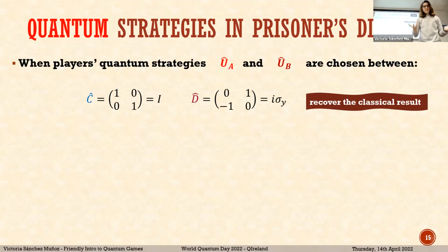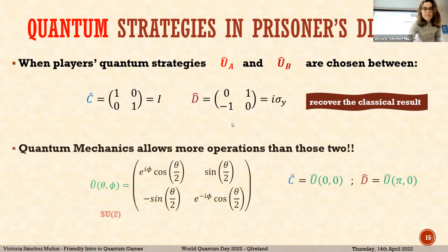But that's very boring because quantum mechanics allows for way more operations than only the identity and the other one. So in general, you can restrict your quantum operation to be this matrix with two parameters, phi and theta, which is a valid quantum operation because this is unitary.